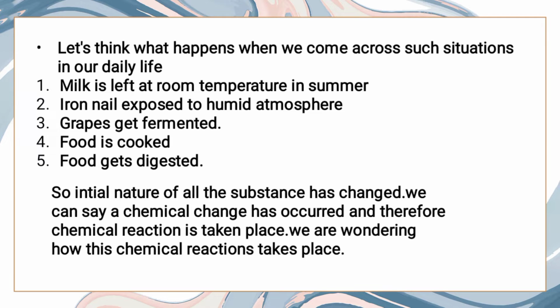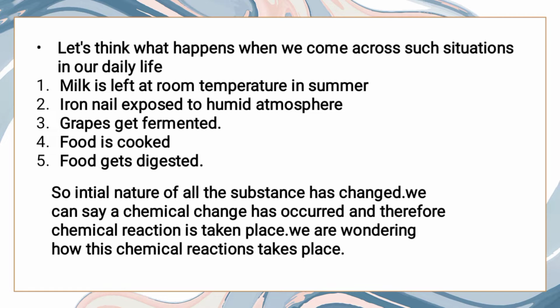Some alcoholic smell comes from those grapes. Food is cooked. When you start cooking, you keep raw rice with some water for boiling, and that gets cooked after some time. Food gets digested. When you have food, will it get excreted in the same form? No, right? It gets digested.